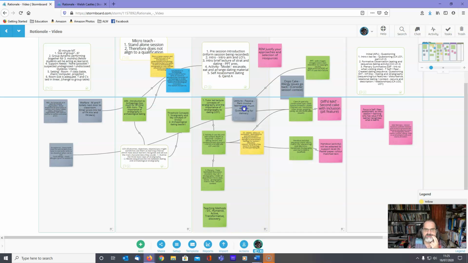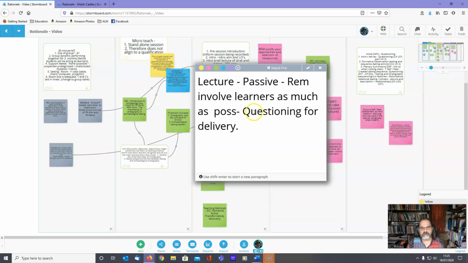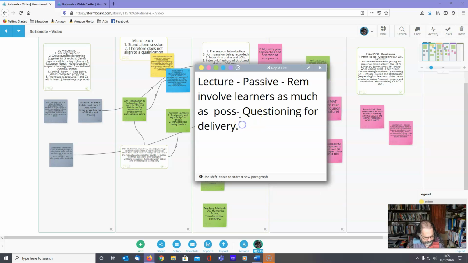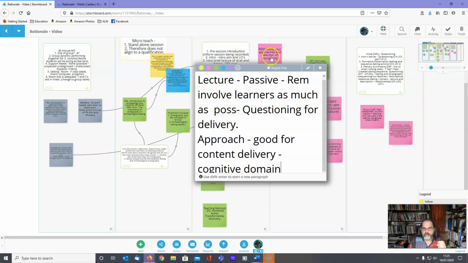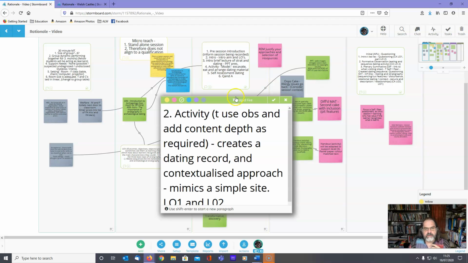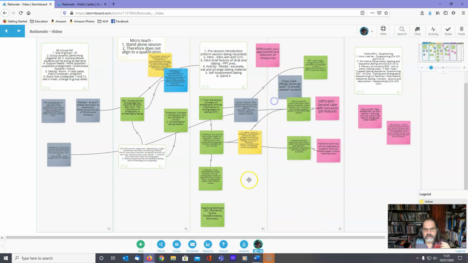So that's an approach, but you could argue that approach is good for content delivery, and it sits in the cognitive domain.